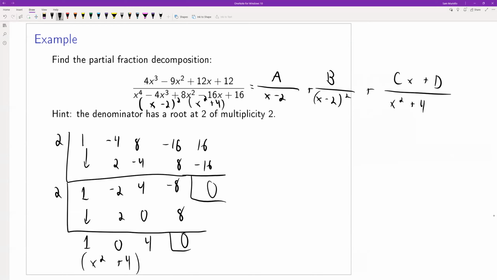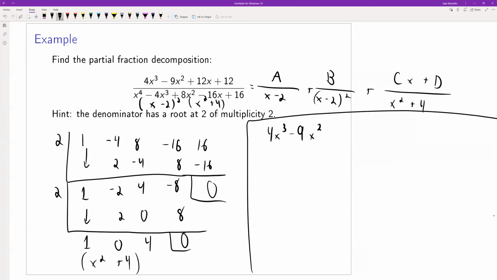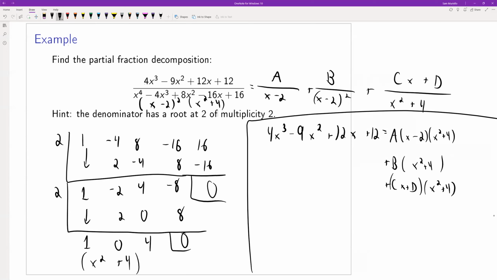Now we're going to go ahead and multiply to cancel out, and we will be left with 4x cubed minus 9x squared plus 12x plus 12 is equal to A times (x minus 2) times (x squared plus 4) plus B times (x squared plus 4) plus (Cx plus D), all multiplied by (x minus 2) squared.